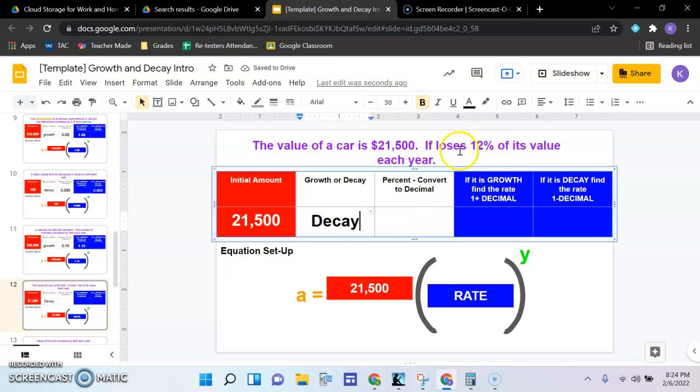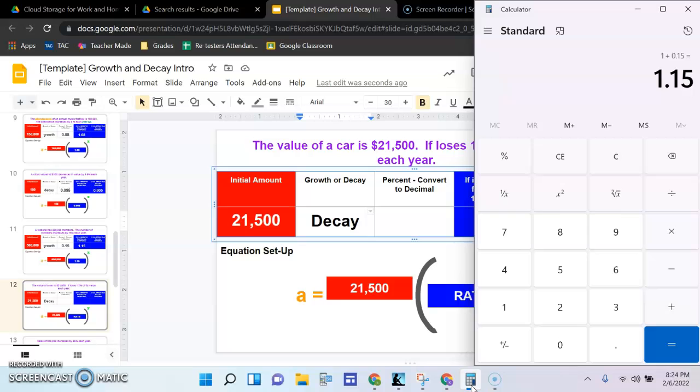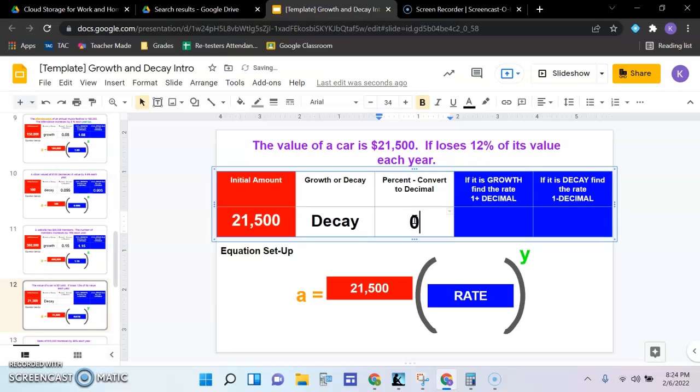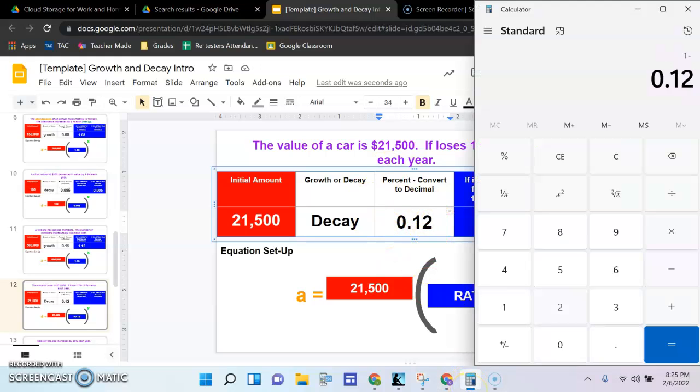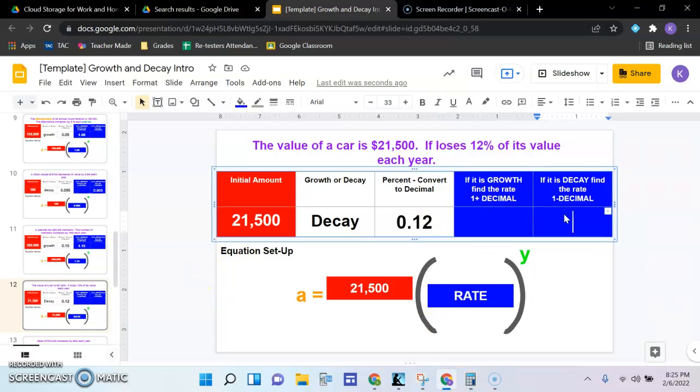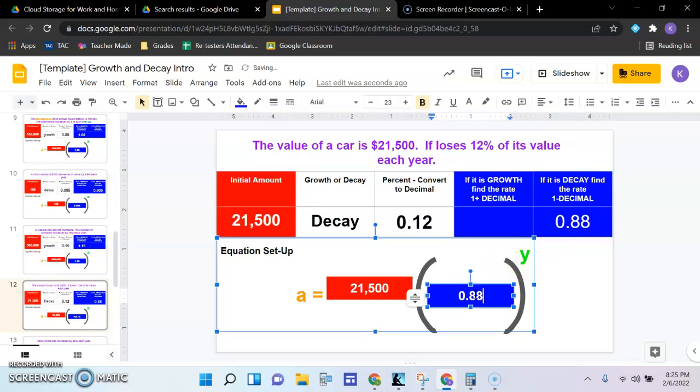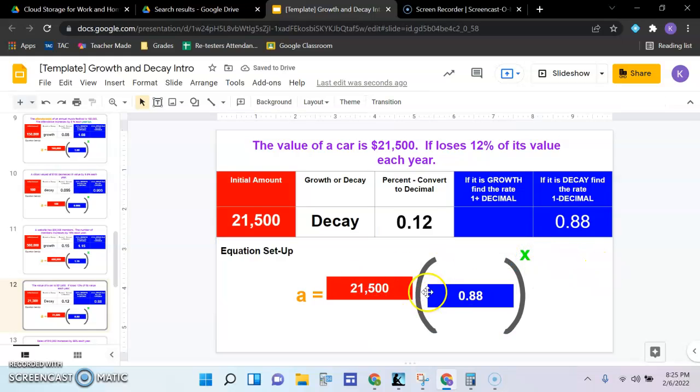We're going to convert this percentage to a decimal. 12 divided by 100, which is 0.12. And because it's a decay, we're going to get 1 minus 0.12, which is 0.88. So this is our decay factor, 0.88, and we're going to put it right here where it says the rate. Again, this is always to the x, and we found our exponential function.